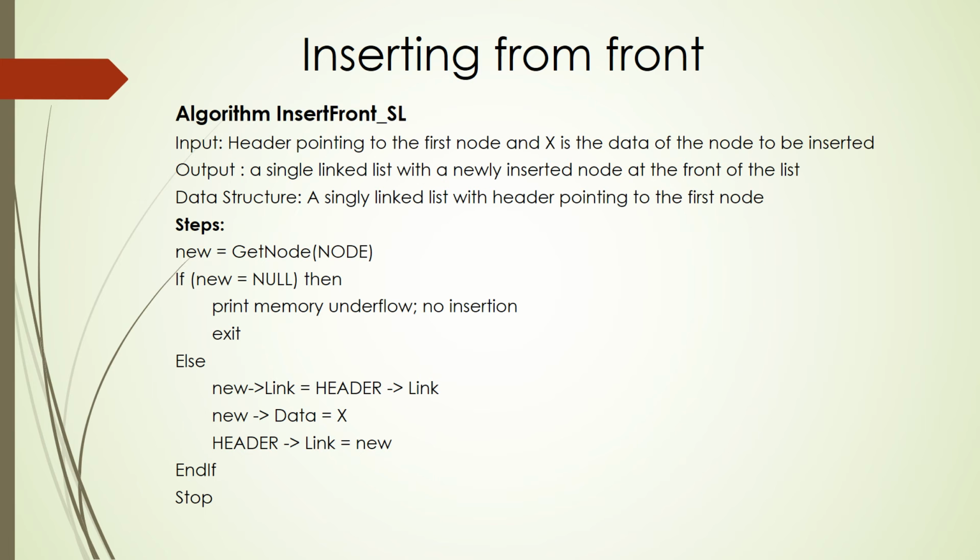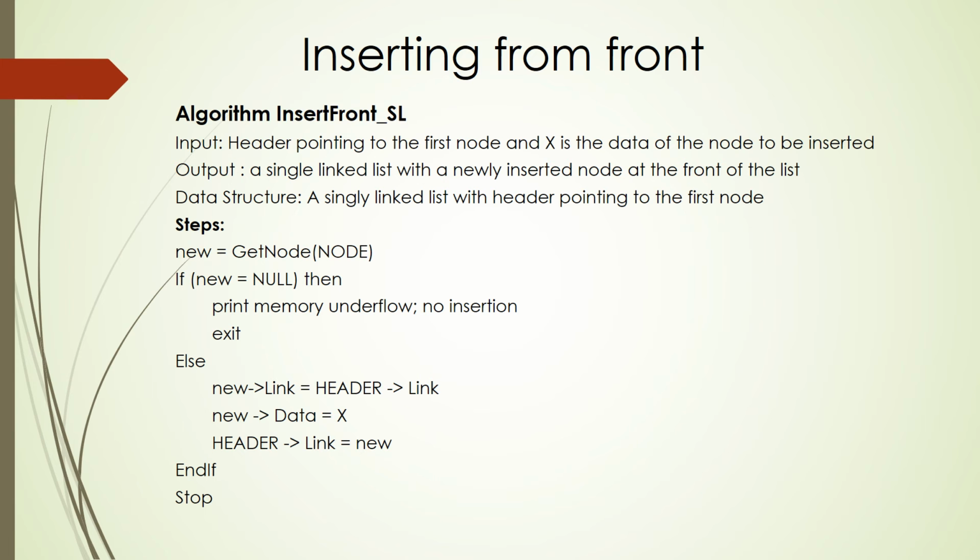So to begin with, let's start with insertion at the beginning of the linked list. You can see an algorithm here. What you actually have in your hand before you start is that there is an existing linked list and you are trying to insert a new element into the linked list, making it the first element of the updated list.